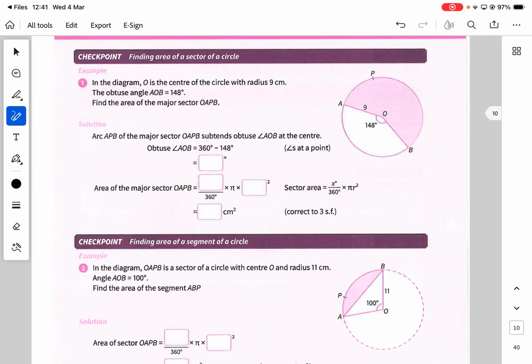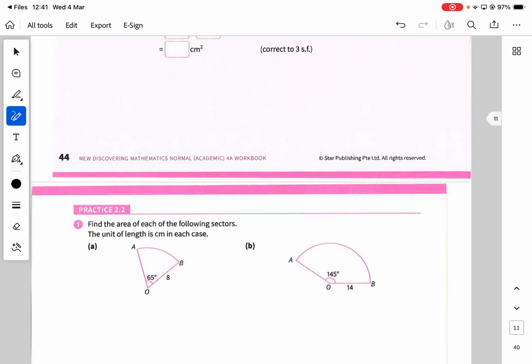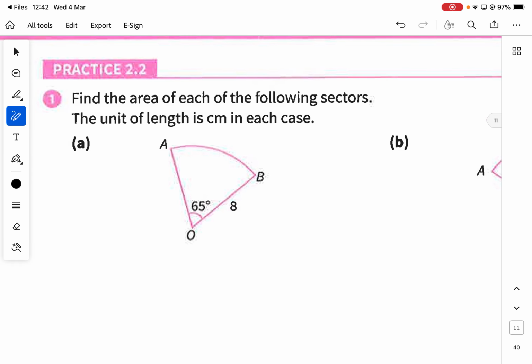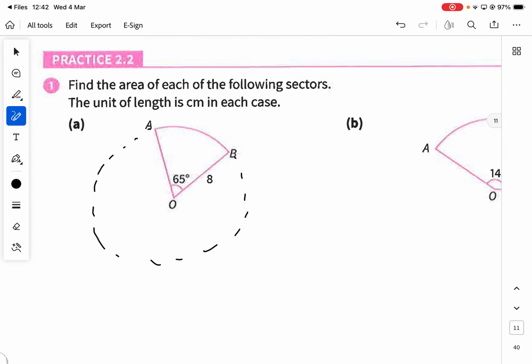So same, if I cover the entire circle it is 360 degrees. So for 360 degrees, I will have pi r square. Now, when this area is only this sector of 65 degrees, the sector area is 65 degrees out of 360 degrees of the area, which is pi r square.